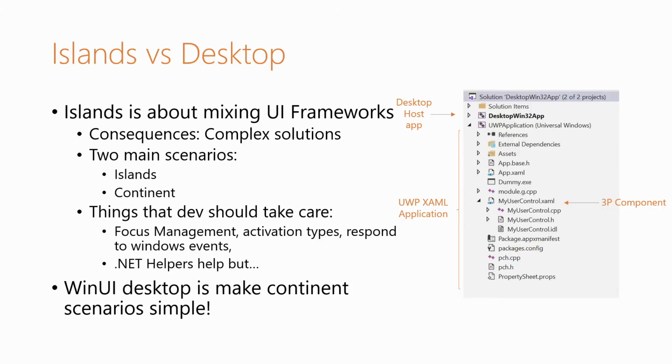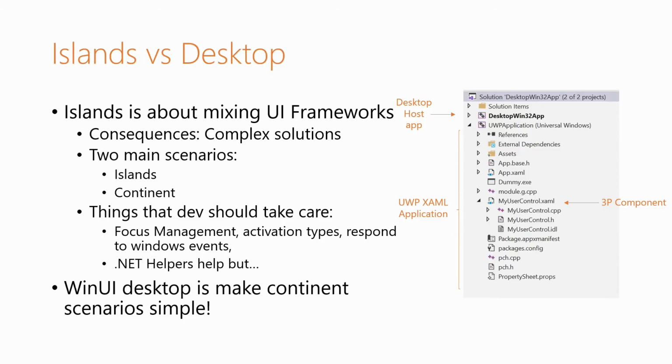For example, this is a canonical layout for a C++/WinRT XAML island scenario where you need your Win32 app, this thing called the desktop window Win32 app, and you also require a UWP application where you have the XAML application object and the user controls. You need to reference all the things manually, and you also need to take care of a lot of stuff.